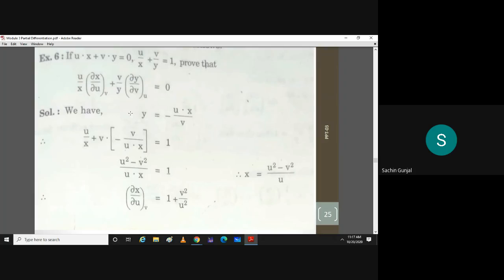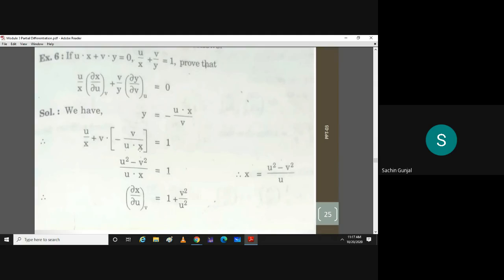From the first we have y is equal to minus ux upon v. Then u by x plus v into 1 by y, which is minus v upon u into x.